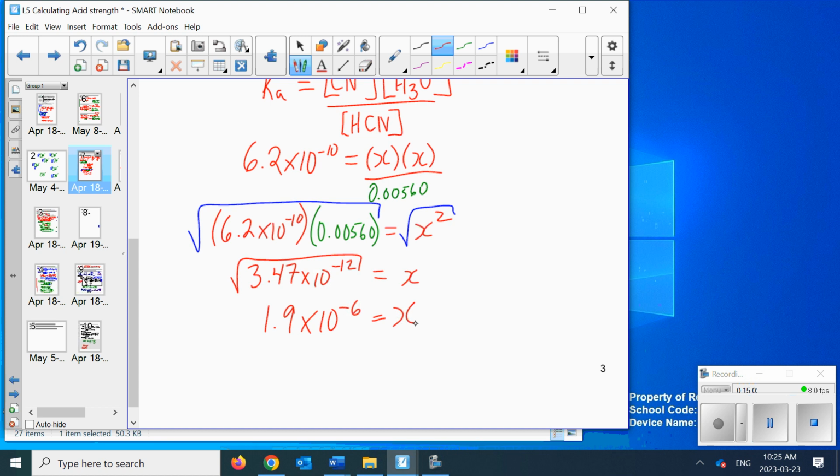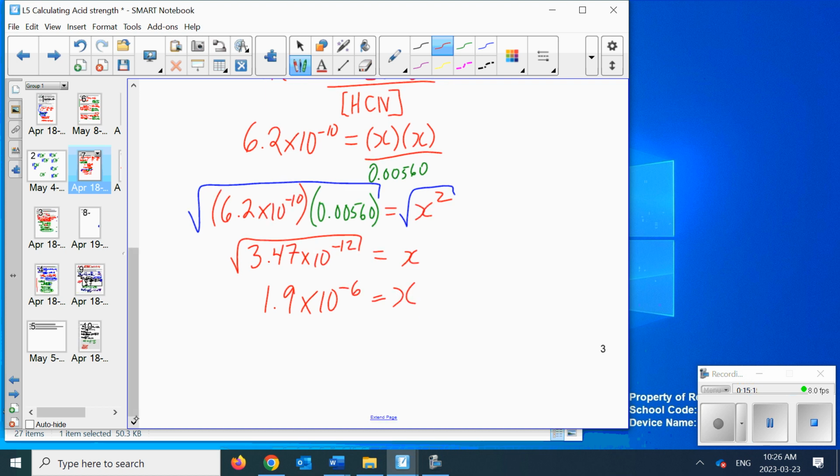There's 5 zeros in between. You're a smart person, you do it now. So X was in place for CN negative and for H3O positive. We wanted the hydronium ion concentration, so I'm going to declare that right now with its unit.